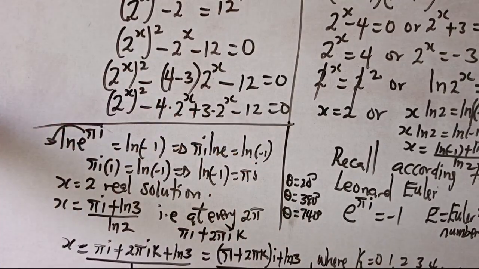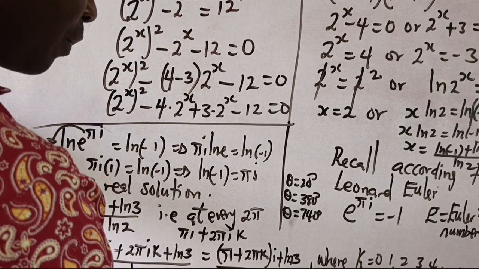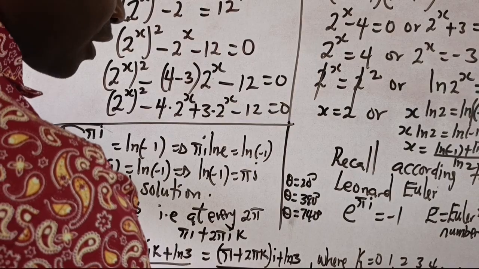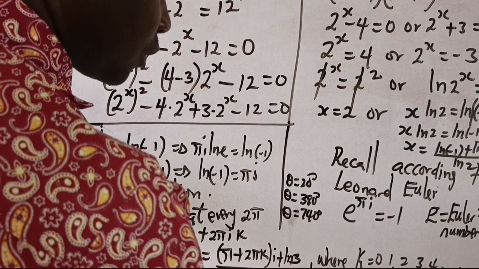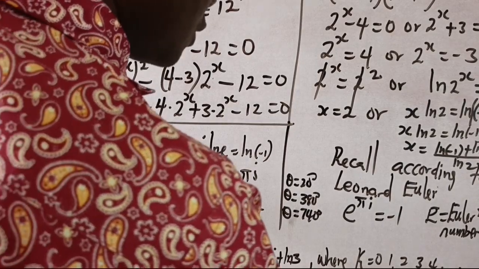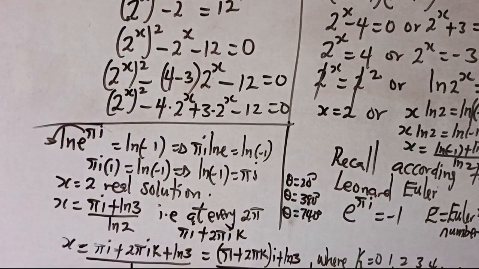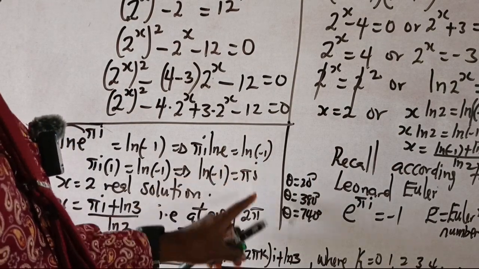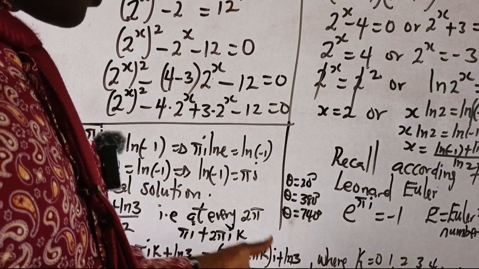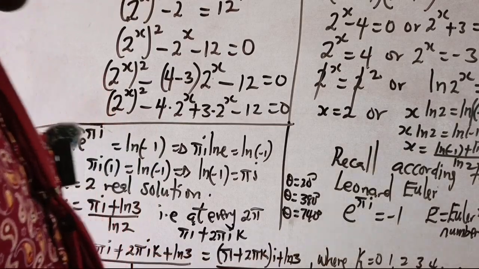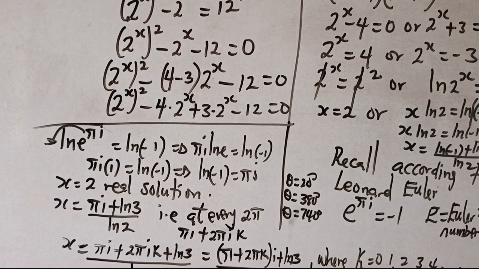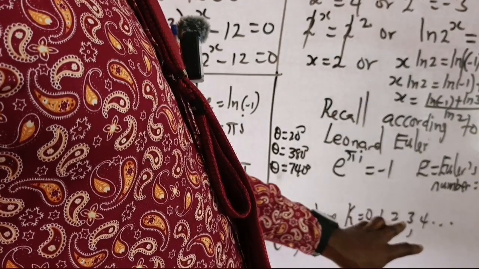So this is the complex solution to the equation we are given. There are infinitely many complex solutions, but there is only one real solution to the question. That is the deduction that can be made from this solution.